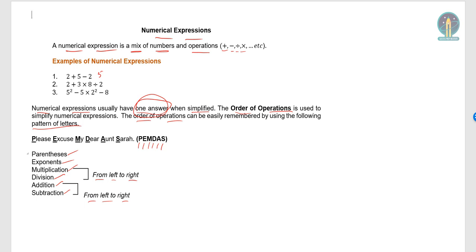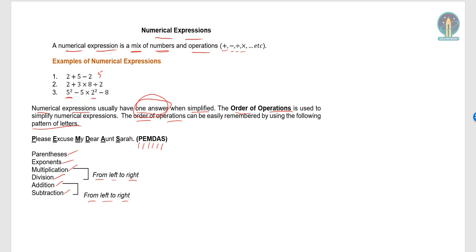What this means is, if you had something with multiple parentheses or multiple exponents, it doesn't matter what order you evaluate them in. Like up here, for example, we have an exponent here and an exponent here.